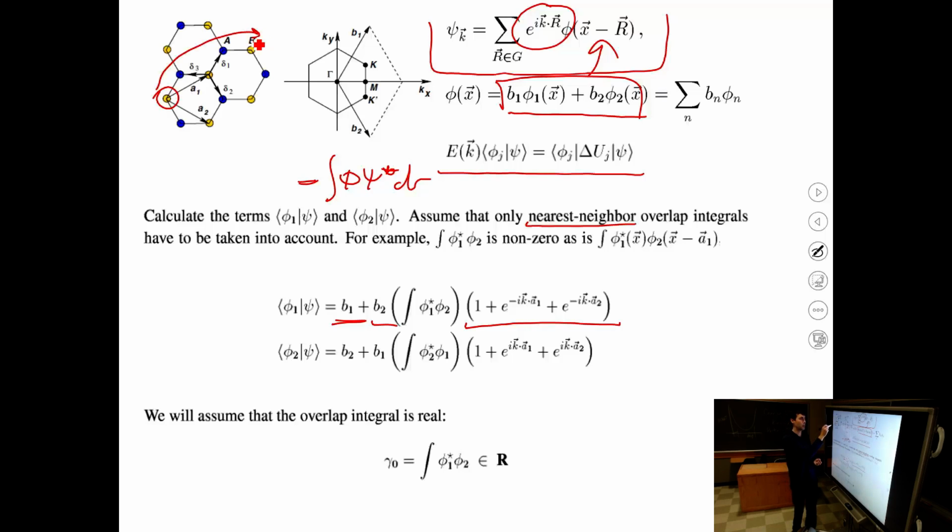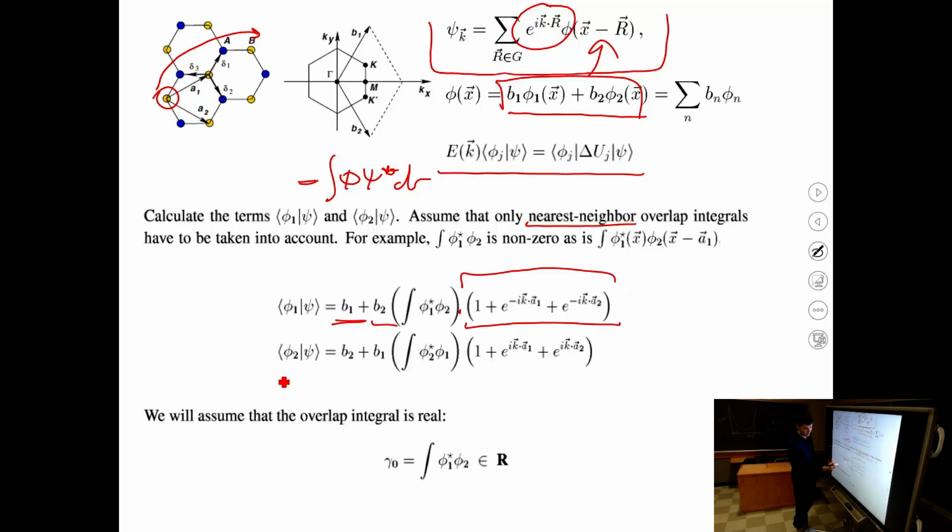It can just hop to the nearest atoms. And what this creates for us is we have to substitute for r just vectors a1 and a2. That's what we have to substitute for r. And that will create 3 terms here. One is unity, because that's just the position of atom itself. And then ikA1 and ikA2. So that's going to be a very important prefactor here.